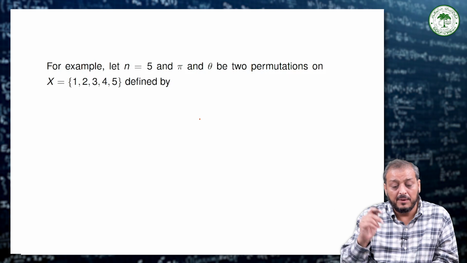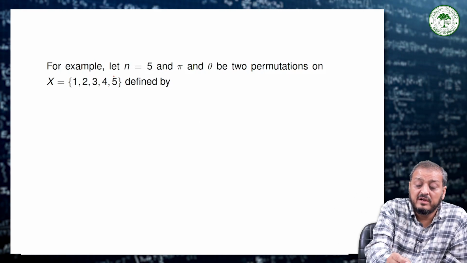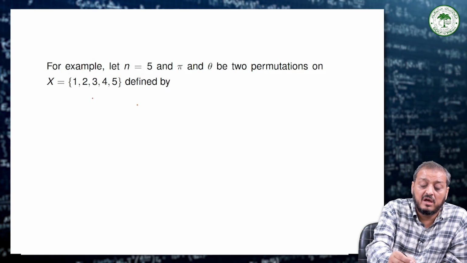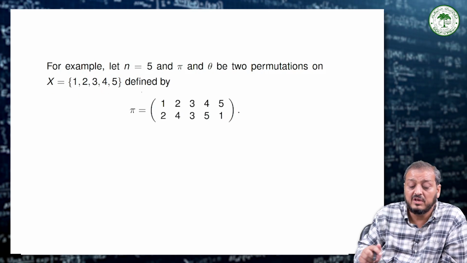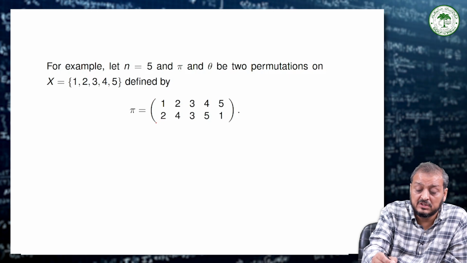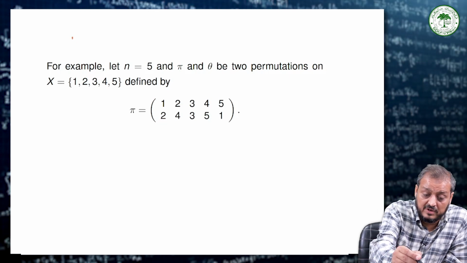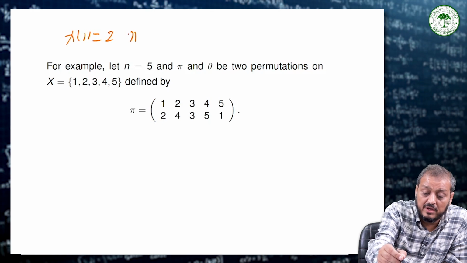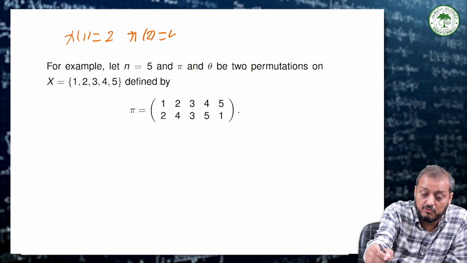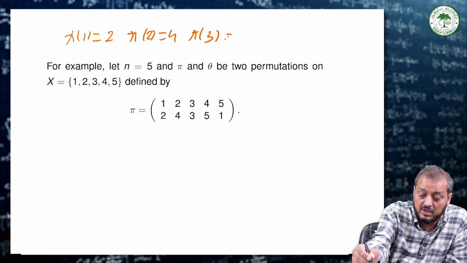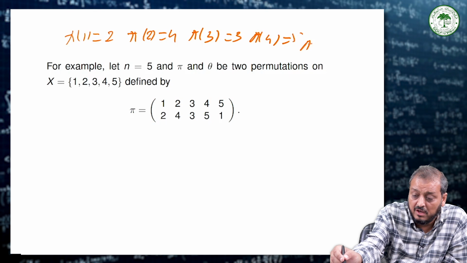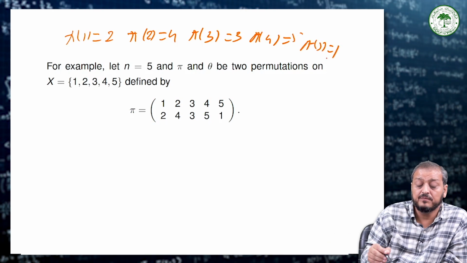For example, take n equal to 5, and let pi and theta be two permutations defined in such a way: pi of 1 is equal to 2, pi of 2 is equal to 4, pi of 3 is equal to 3, pi of 4 is equal to 5, and pi of 5 is equal to 1.